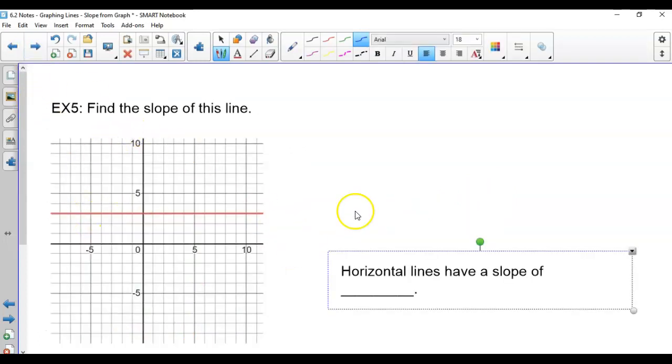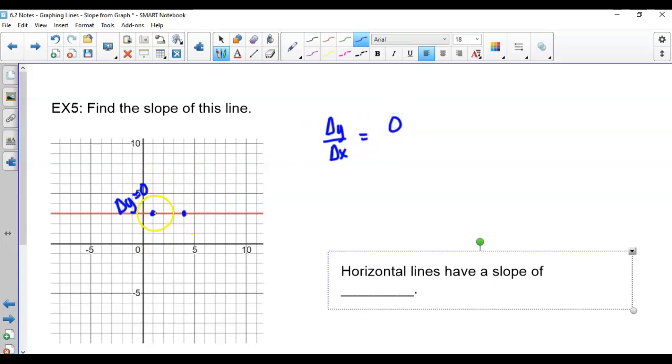Alright, so here we have a horizontal line. And so a horizontal line, I could pick any 2 points on the graph. I'm just going to pick one here. If I want to get from this point right here on the left to this point over here on the right, then I would have to go change in y over change in x. Well, my change in y is going to be 0 because I'm not going to go up or down any.